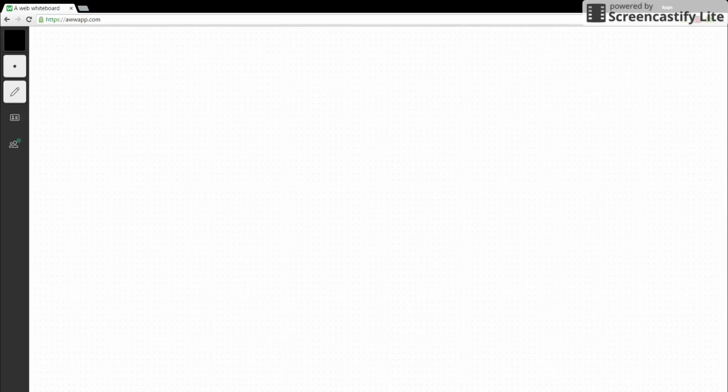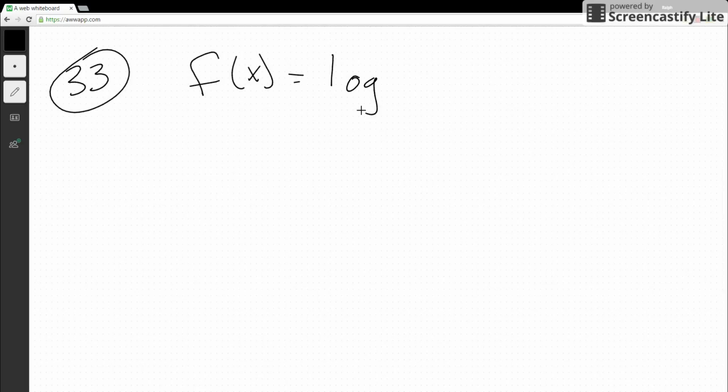All right, jumping to number 33. It says find the value when x is equal to 216. The function is f of x equals log base 6 of x, and x equals 216, so I can sub that in.